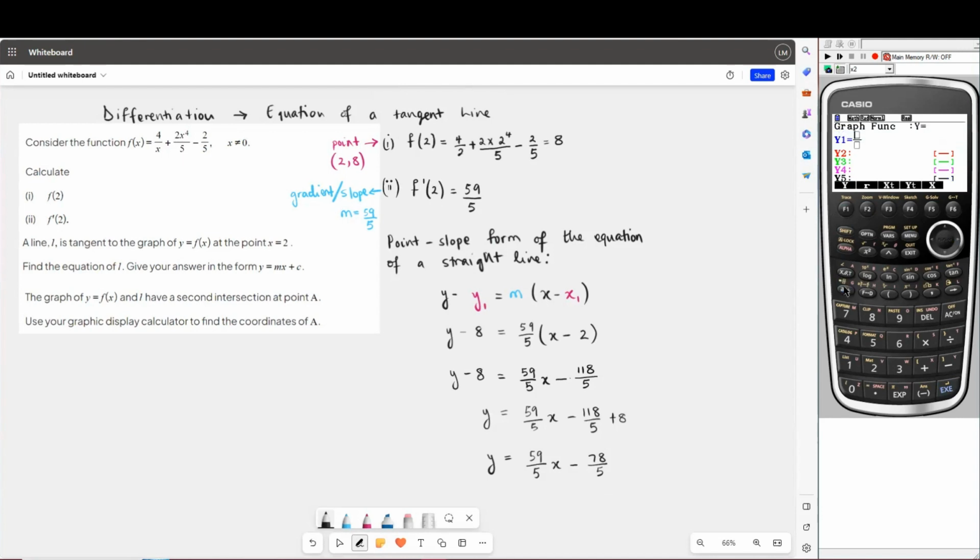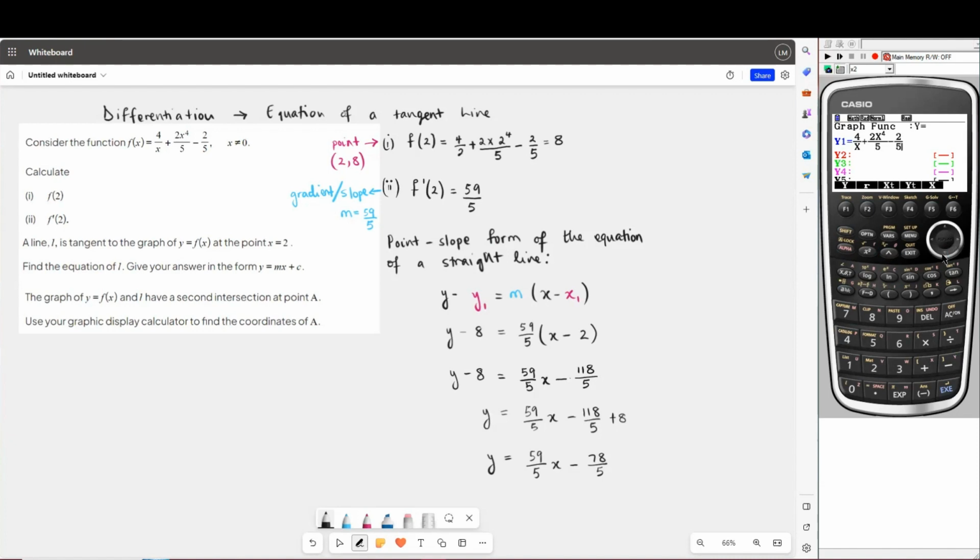So that said 4 over x plus 2 times x to the power of 4 over 5 minus 2 over 5. That's the first one we're going to graph.